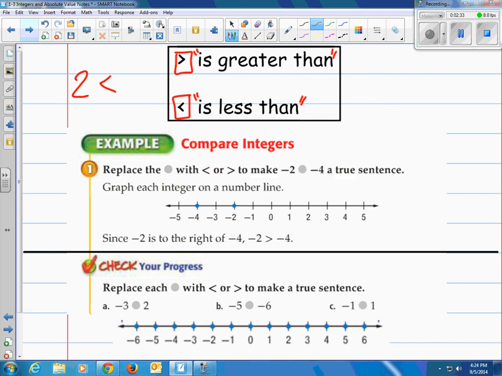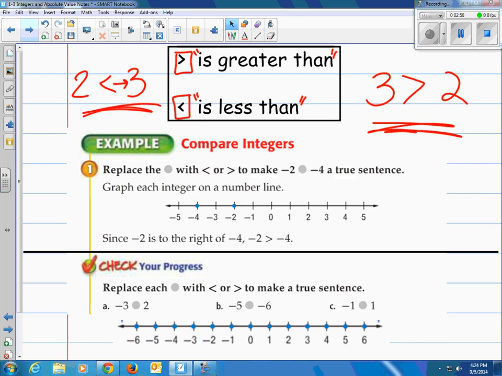They started using these symbols. So for instance, 2 is less than 3, and the open mouth eats the larger number, and the point always points at the smaller number. Notice if I switch that, then you would have 3 being eaten, but it's pointing to the 2. This one's read 3 is greater than 2. This one's read 2 is less than 3.